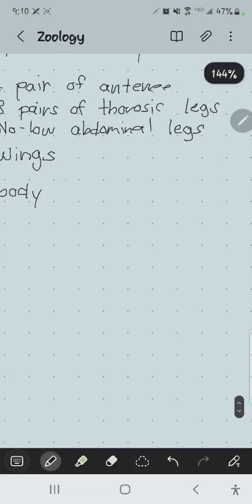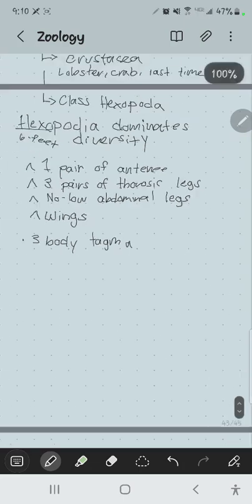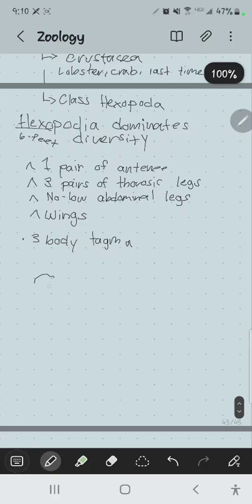So they have three typical body tagmata. So we have an abdomen, we have the thorax, and we have a head.